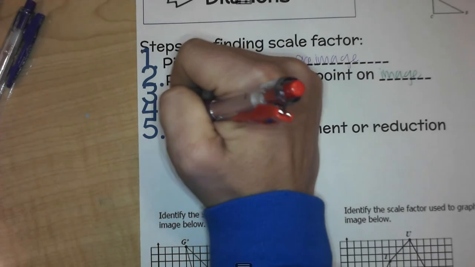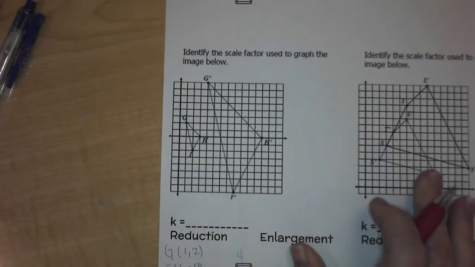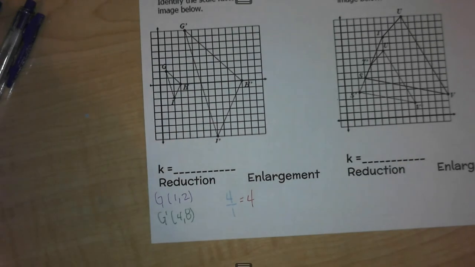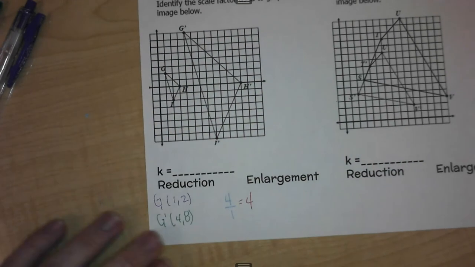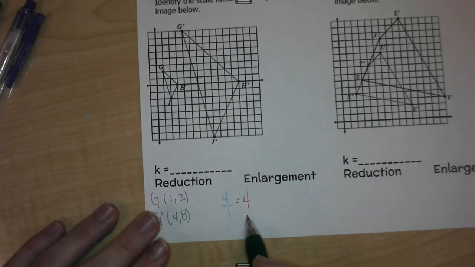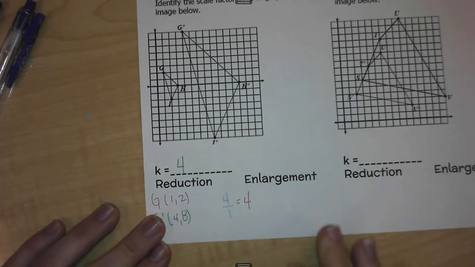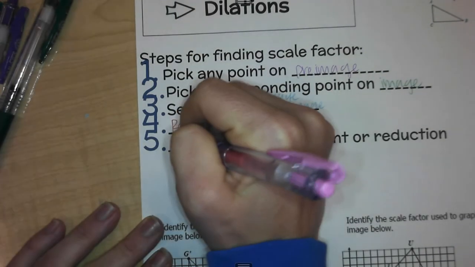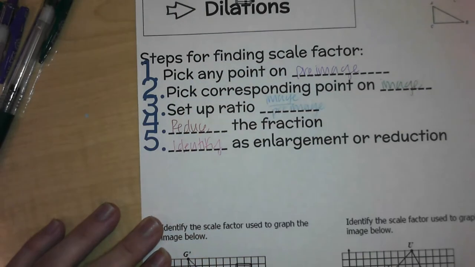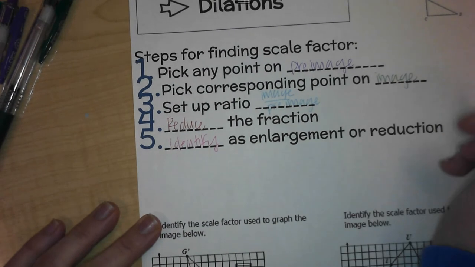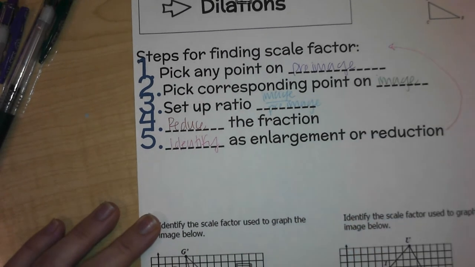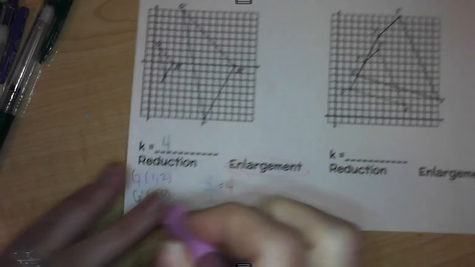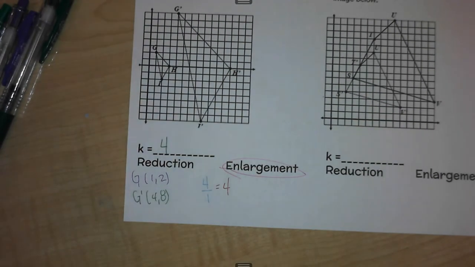Then we're going to reduce the fraction. 4 over 1 reduces to just 4. So our scale factor, or our K here, is 4. This last step says to identify whether it's an enlargement or a reduction. Maybe that should have been first. You can do that at any point. Is this getting bigger or getting smaller? It's getting bigger, so it is an enlargement.